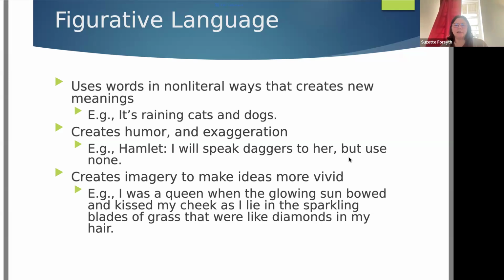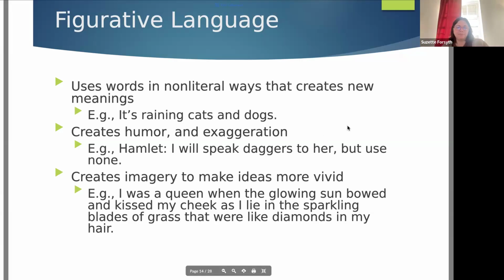The heart is a symbol of love, right? So being stabbed in the heart is a symbol of betrayal at the highest level because it's somebody that you cared about. So I will speak daggers to her, but use none. So I will hurt her with my words instead of physically hurting her, is what it basically means.